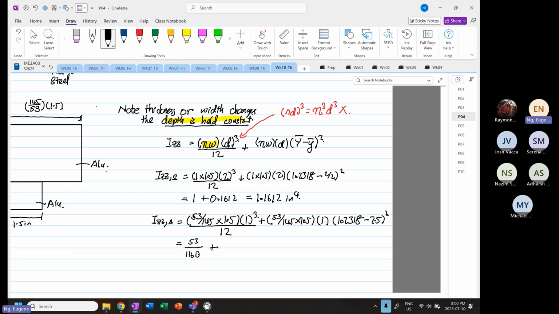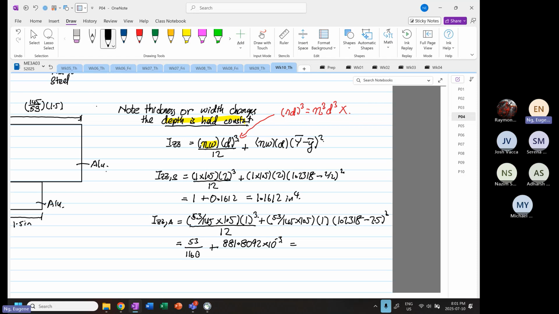So this will be equal to 881.8092 times 10 to the power minus 3. Let me do it again. 1.2318 squared. So this will be equal to 53 over 1160 plus 881.8092 power minus 3.